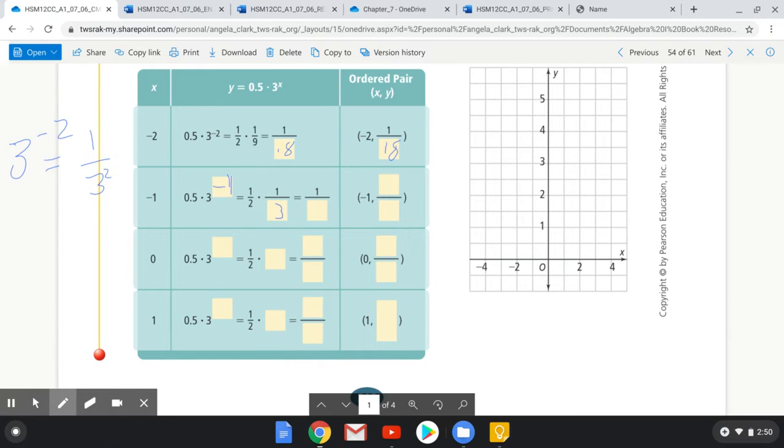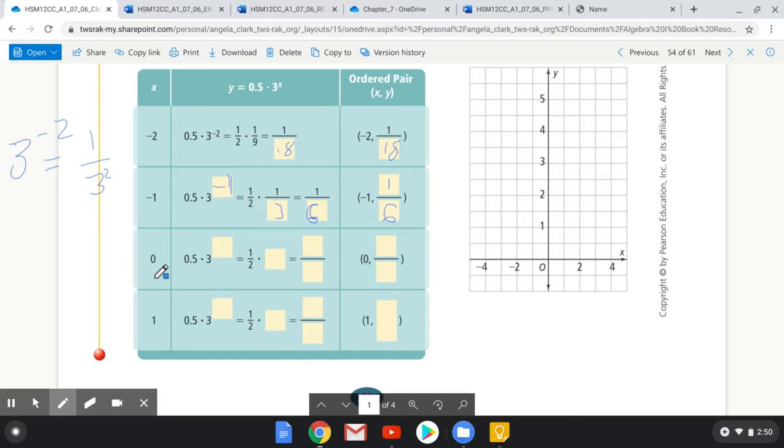And then 1 times 1 is 1, and 2 times 3 is 6. So we get 1/6. Sorry, my 6 is not very nice. There we go. So we have 1/6. So our point that we're going to graph is -1 and 1/6.